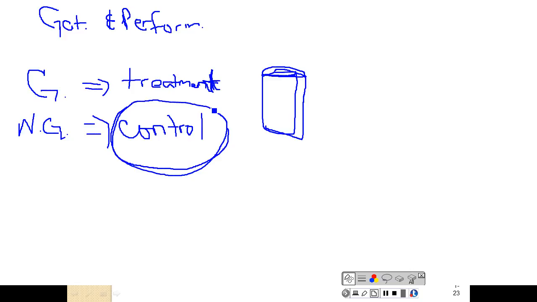If you tell them they're getting Gatorade, then psychologically they might start performing better just because they heard of other commercials or other people saying Gatorade helped me perform better. So we give them this placebo to eliminate the psychosomatic effect of the treatment differences. Okay?